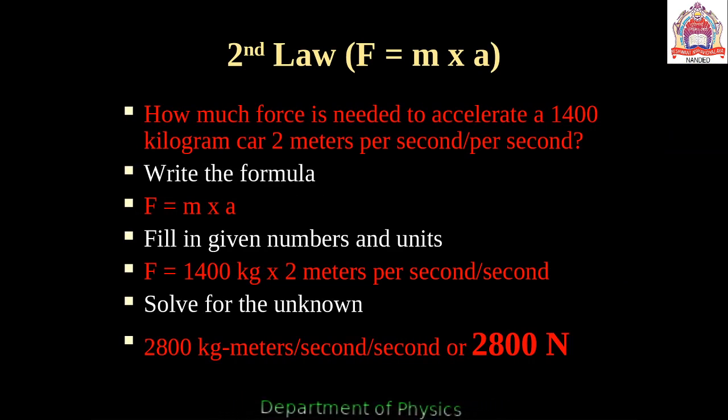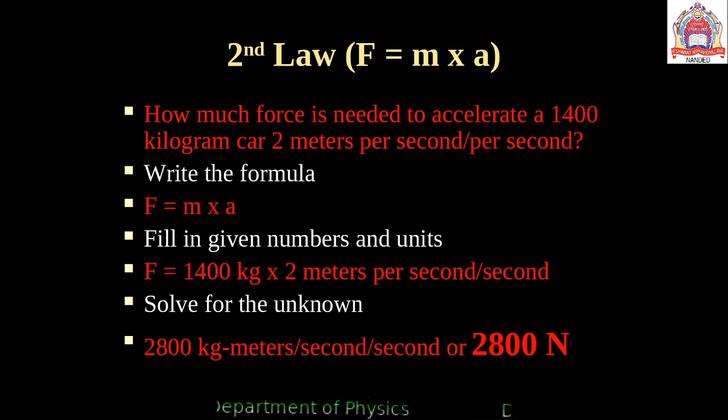How much force is needed to accelerate a 1400 kilogram car at 2 meters per second per second? This is the problem and we are solving it. Write the formula, that is F = m a. Fill in the given numbers and units.